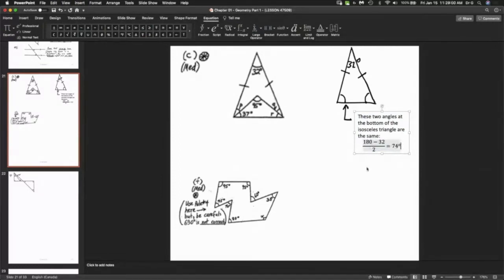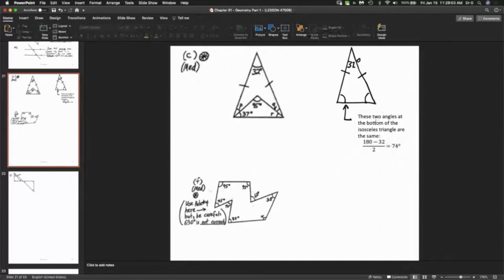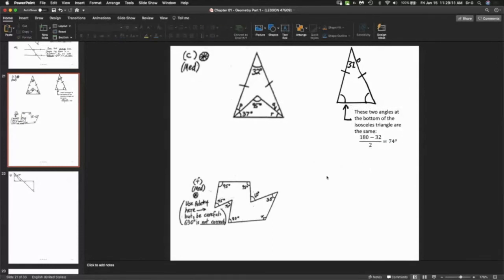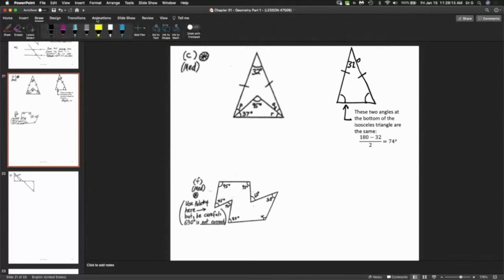Can someone confirm 74? Shalon, thank you. Can someone else confirm that as well? So now we know they're both 74, okay, good.